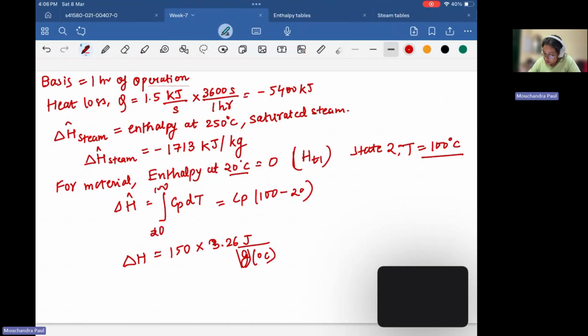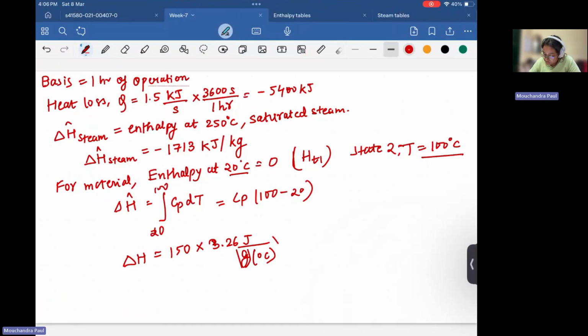Okay. And since the unit here is kg, we have to convert. 1000 grams is equivalent to 1 kg. So the value that you will get after solving this expression is 39,120 kilojoule.